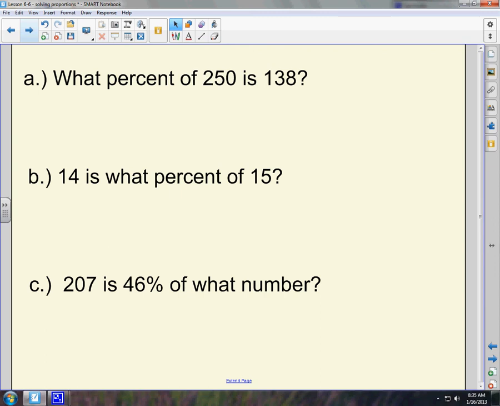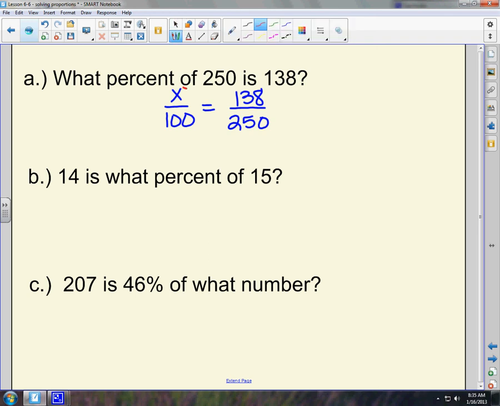Okay, so what percent of 250 is 138? I don't know the percent, so I'm going to have x over 100, and 250 goes on the bottom, with 138 on top. Another key thing: if you see the word of, directly after it is the total, and that goes on the bottom.